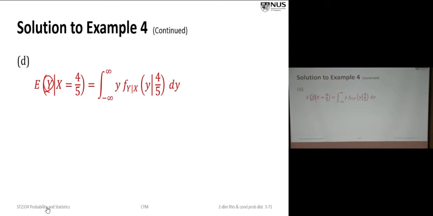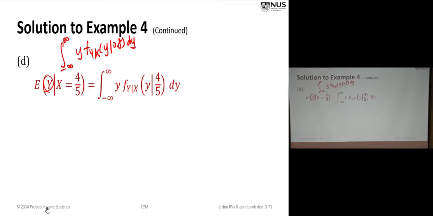To find the expectation of y, you have to integrate y times the conditional distribution of y given x equal to 0.8, from minus infinity to infinity. We are asked to find the expectation of y, but this y is conditioned on x equal to 0.8. So I have to work on the conditional distribution of y given x equal to 0.8.